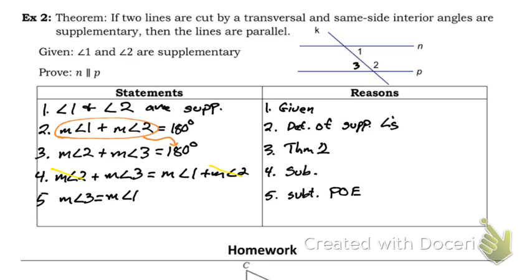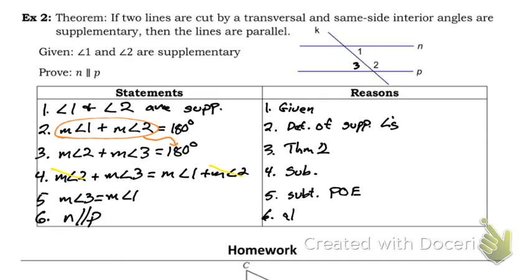All right, so we are on step 6 and we are done. We can now say that n is parallel to p. And can someone tell me how I can say that? I'm correct, but can someone tell me why I can say that?